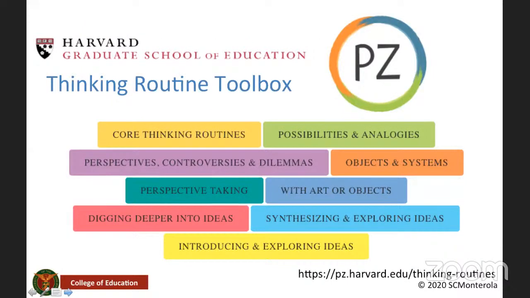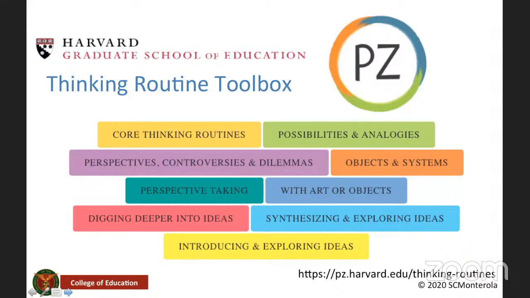Some other things that I'd like to introduce. Earlier, I talked about higher order thinking tasks. Harvard Graduate School of Education has what you call Project Zero. They have a thinking routine toolbox. Here there are a lot of different kinds of thinking routines that can be explored and that can be contextualized in your course.